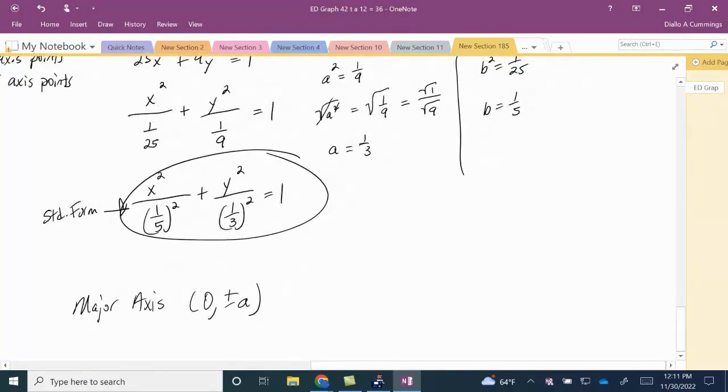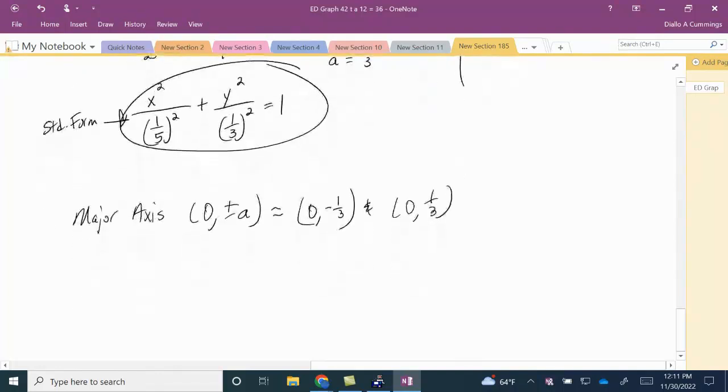We already figured out that a was 1/3, so our major axis points are 0 comma negative 1/3 and 0 comma positive 1/3. We have our minor axis points, which are located at plus or minus b comma 0.